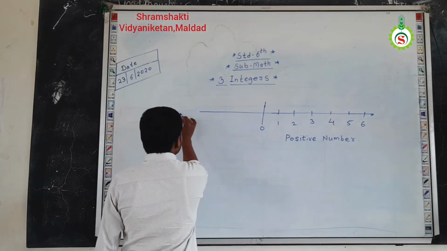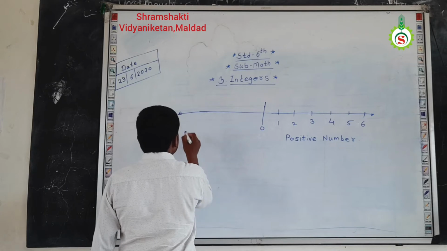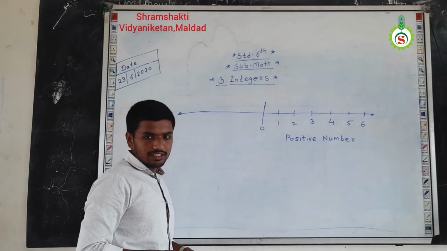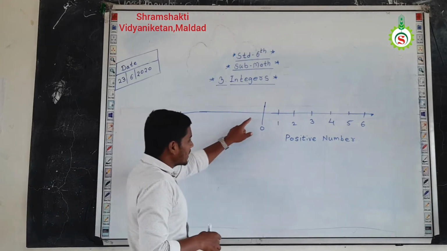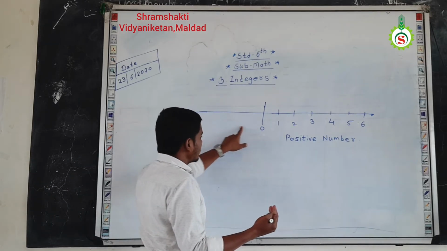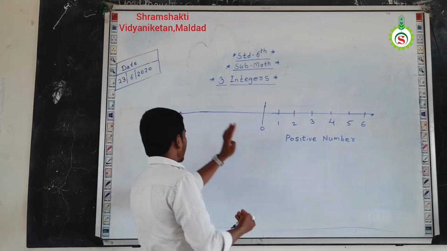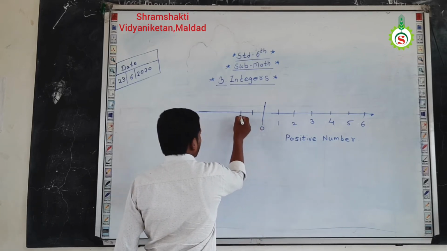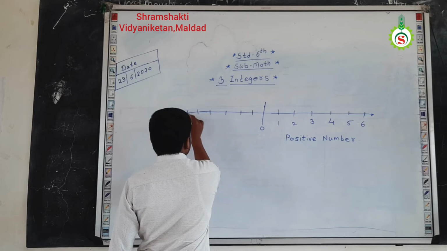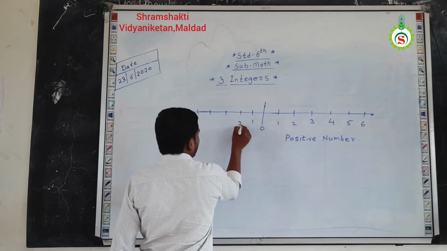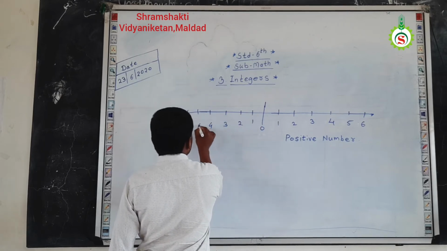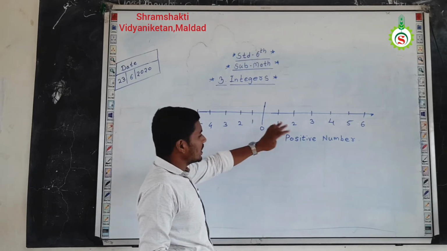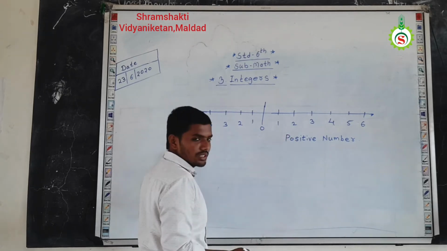Now we have also seen negative numbers in the integers. Where will I indicate the negative numbers? I will indicate the negative numbers below the 0, that means on the left hand side of the 0. So below the 0 again there will be 1, 2, 3, 4, 5 and 6. That means the same numbers are there above the 0 and below the 0.